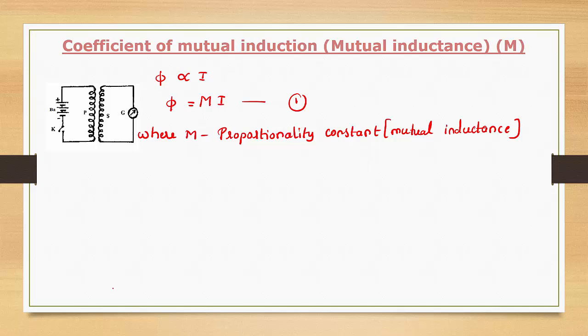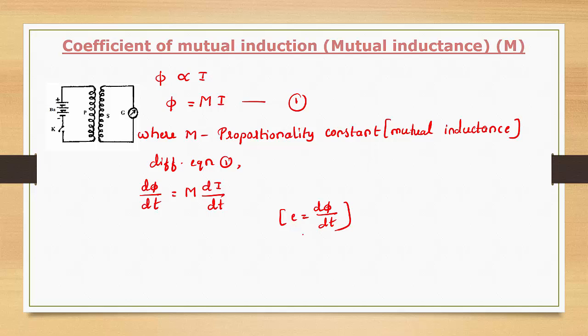Now let us differentiate equation number 1. We get d phi by dt is equal to M, the proportionality constant, which we cannot differentiate, so keep as it is, times dI by dt. According to Faraday's law, E equals d phi by dt.